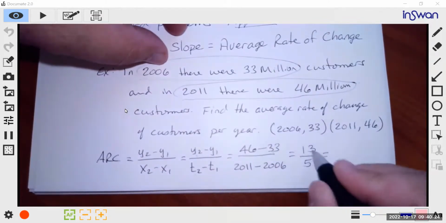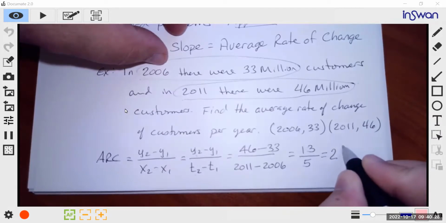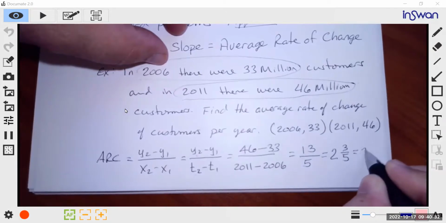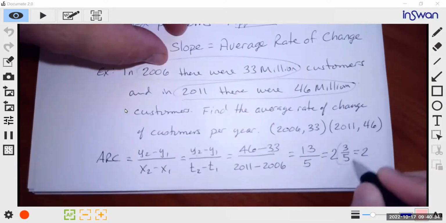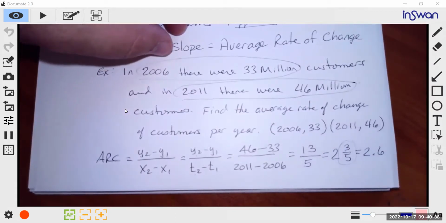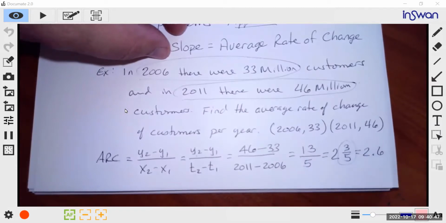So 5 goes into 13 how many times? With how many left over? 3 over 5. 3 over 5 is the same thing as 0.6, because 5 goes into 30 6 times. So what does this mean? What's the change of customers?